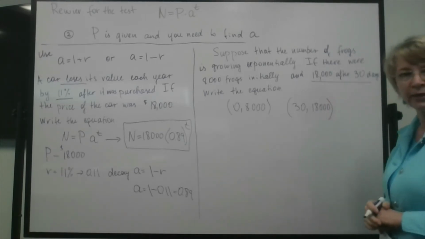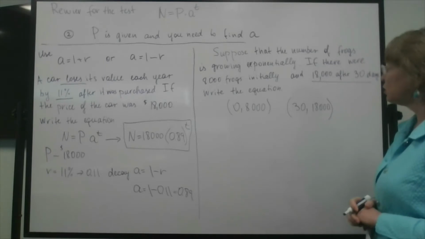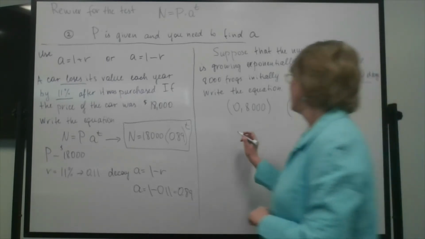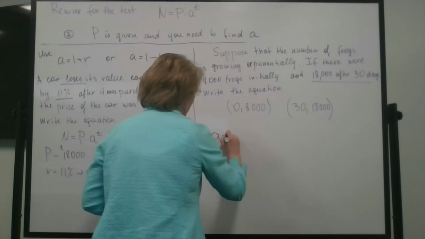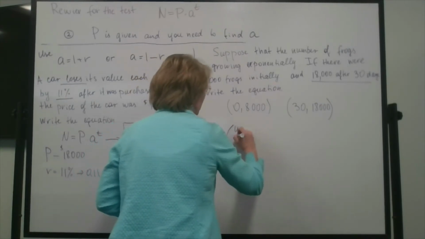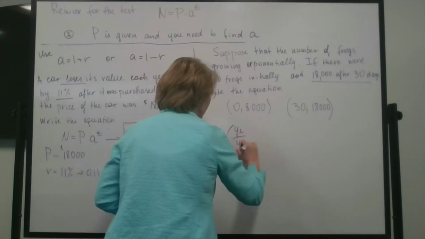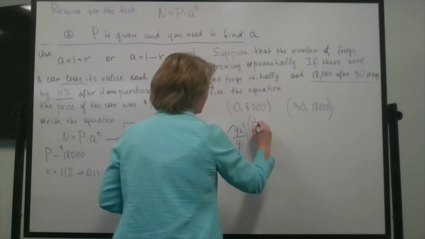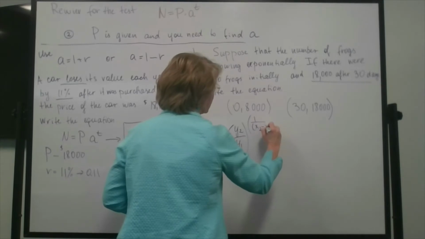You remember this, right? So now we need to find our factor using a beautiful formula, A equal to y2 over y1 to the power 1 over x2 minus x1.